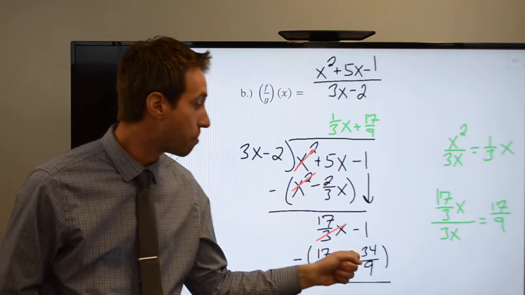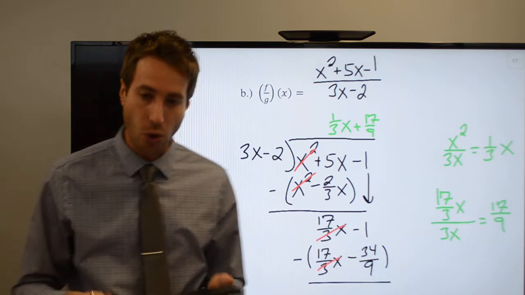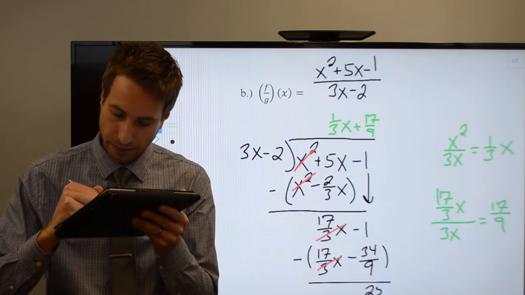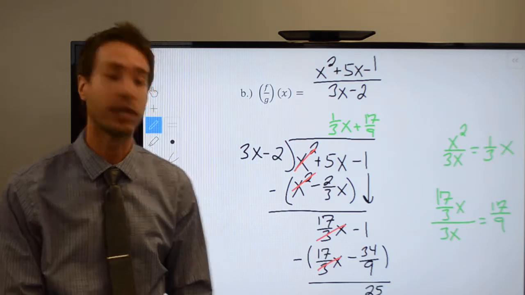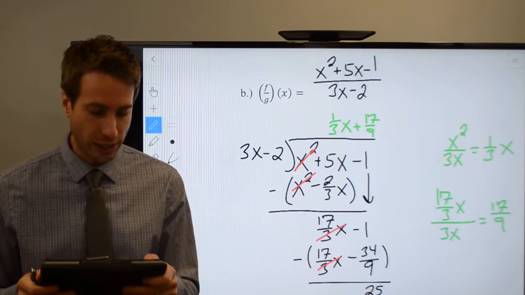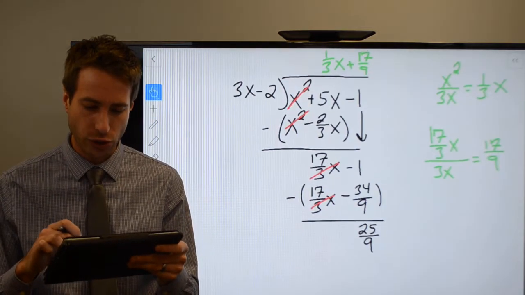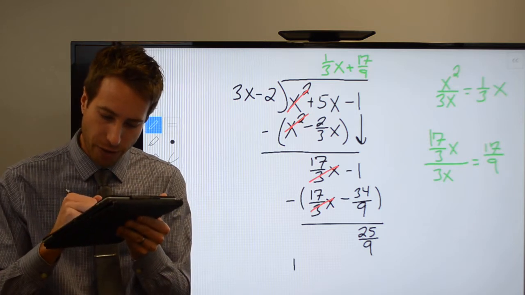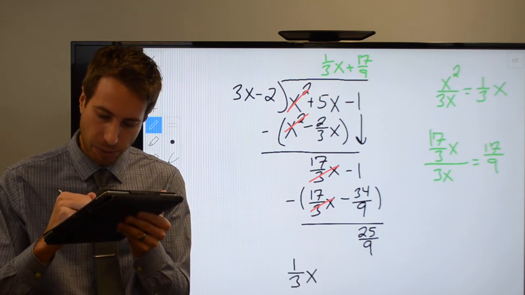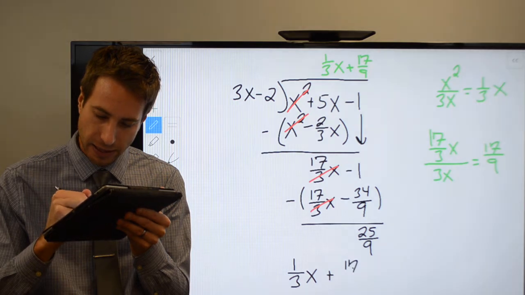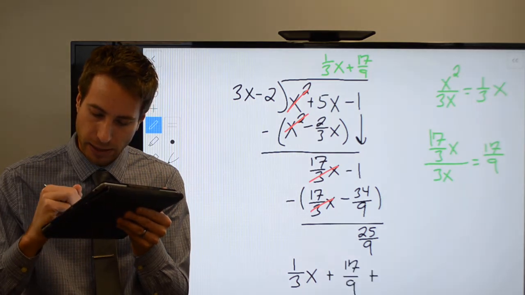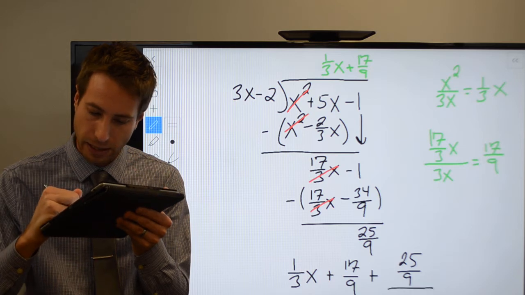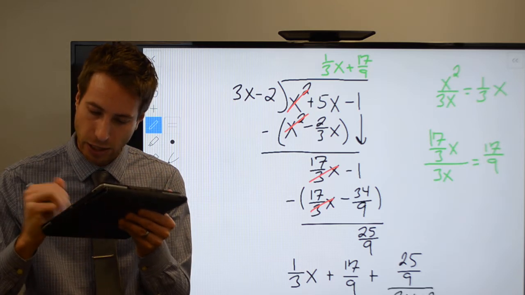Negative 1 plus 34 ninths leaves you with 25 ninths, which is going to be my remainder. So let's go ahead and write our quotient. We're going to have to do a little bit of work here, though. So I'm going to have 1/3 x plus 17 ninths plus 25 ninths, all divided by 3x minus 2.